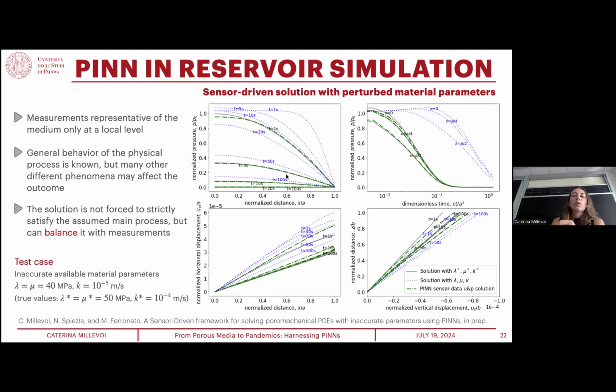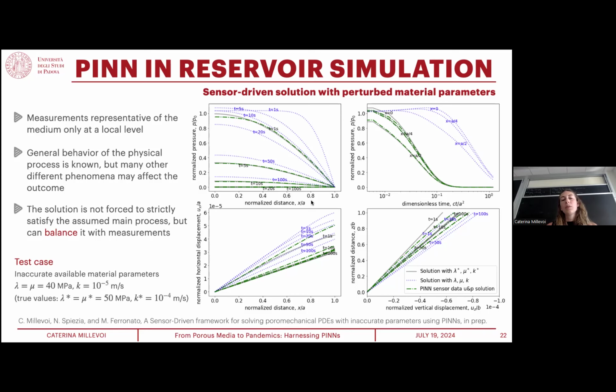And you can see how the PINN, even if it is trained to minimize the residual of the blue lines, is able to capture instead the physics and the behavior of the gray lines, which correspond to where we just added a few pieces of information at a few locations inside the domain.